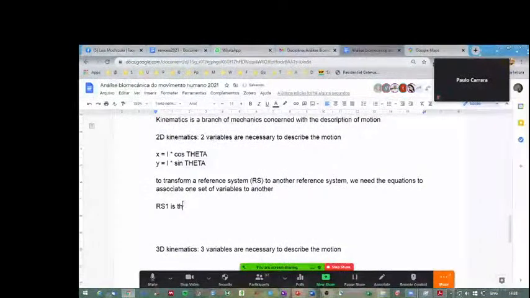So when they are explaining 2D kinematics, we are used to thinking about these reference systems, because that's the easiest way to do. But it's not the only way to do. Maybe it is the easiest way to show, but never the easiest way to calculate everything.